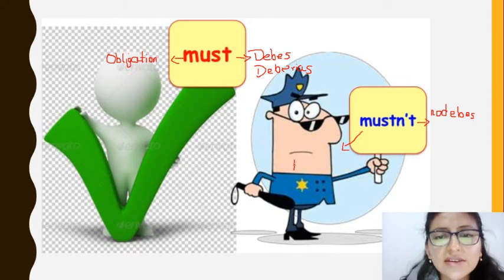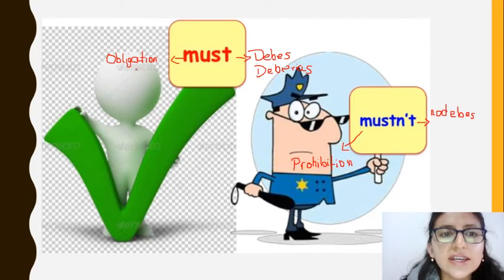It's a prohibition. Must en positivo es una obligación, mientras que mustn't en negativo es una prohibición.